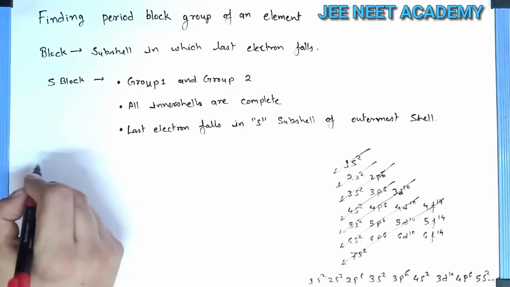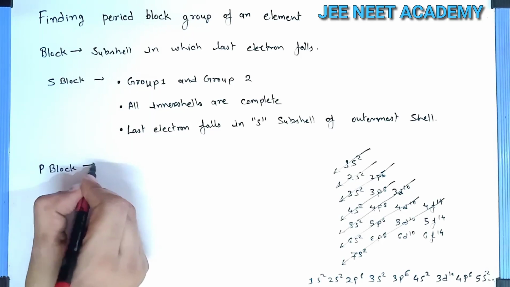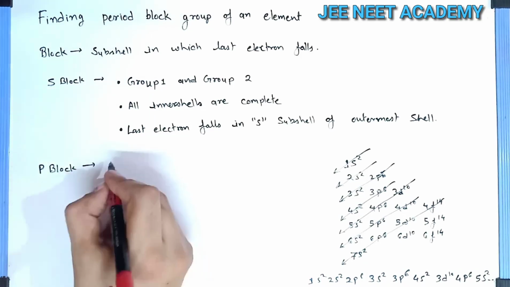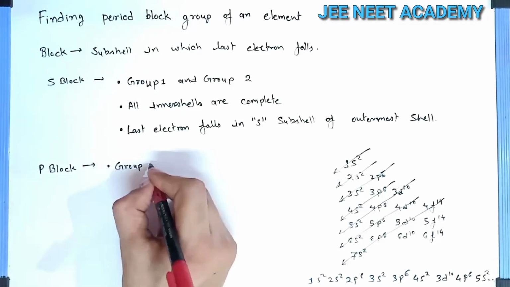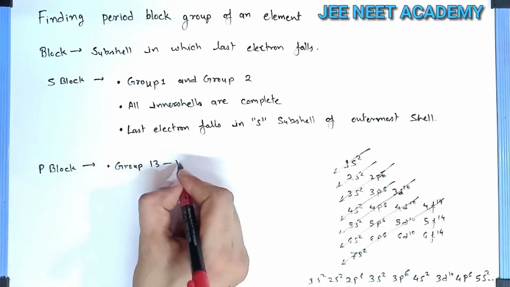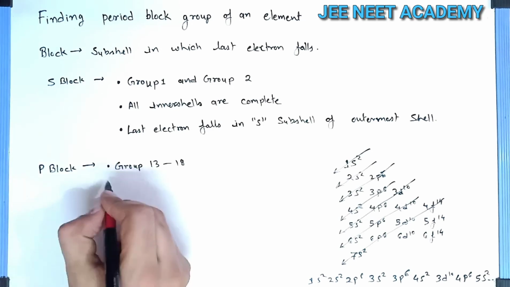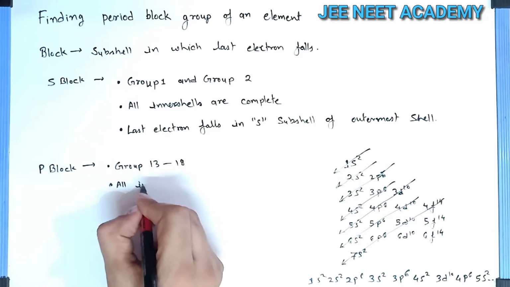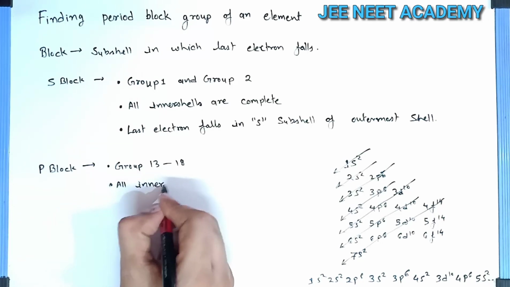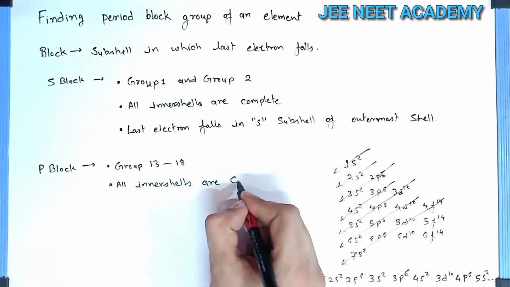For p block, first point, groups 13 to 18, all the elements are p block elements. For p block also, all inner shells are complete.